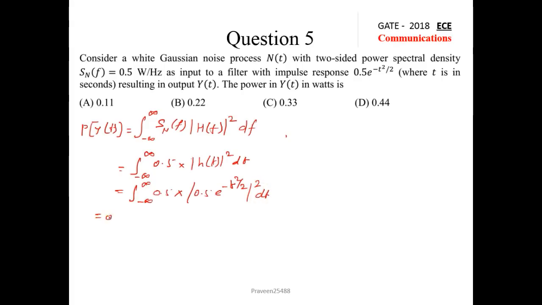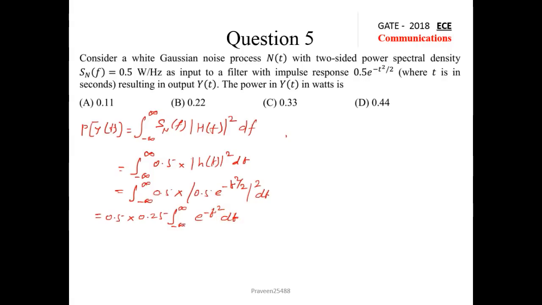So on simplifying we will get 0.5 into 0.25 integration from minus infinity to infinity of e to the power minus t square dt.